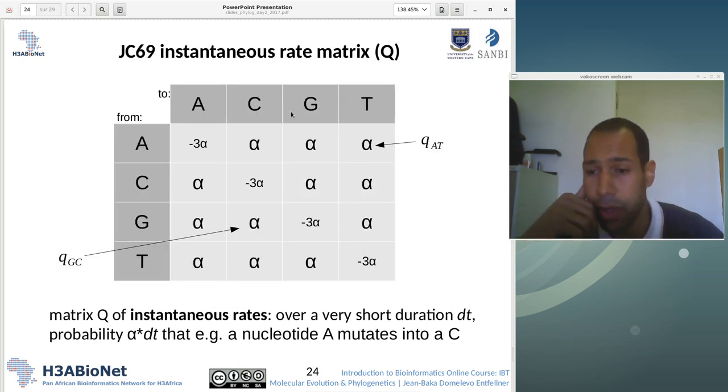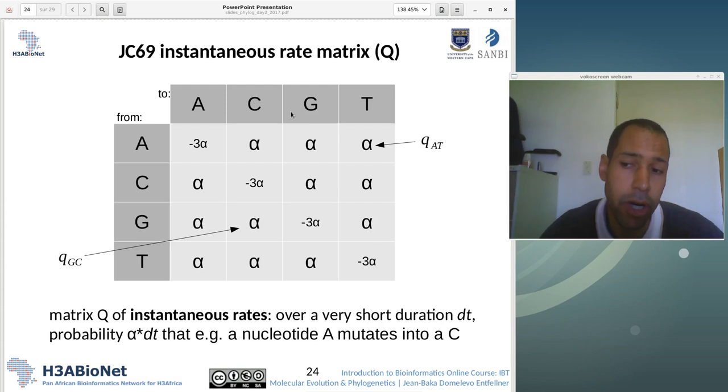So evolutionary models are commonly described by means of a matrix. This is a matrix of instantaneous rates. So these rates, alpha here, are positive. In this case of the JC69 model, there is only one rate, that's alpha.